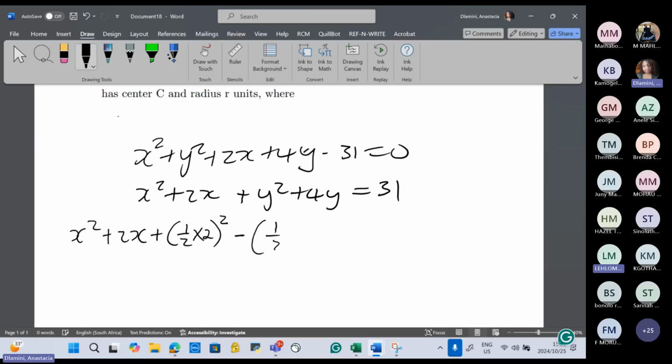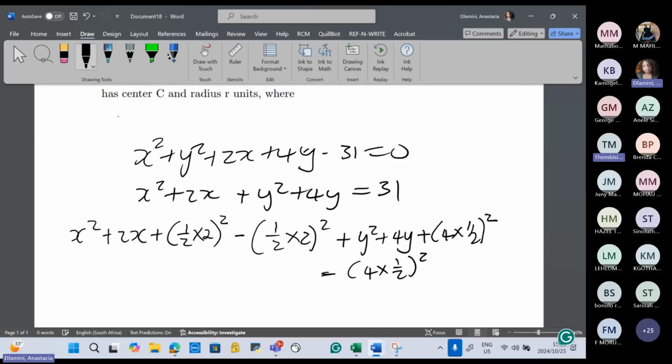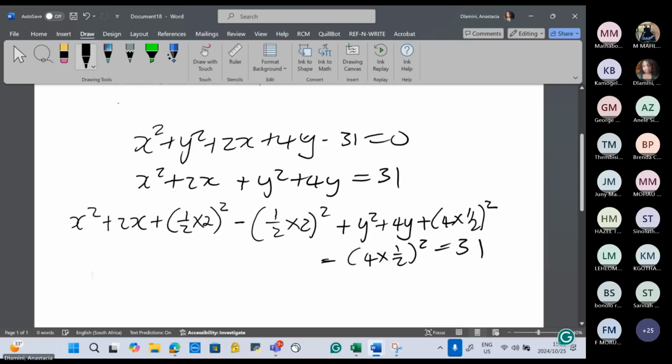So minus 1 over 2 times 2 squared. Then you say y squared plus 4y plus (4 times half) squared, and because you added, you need to subtract, 4 times half squared, equals 31.